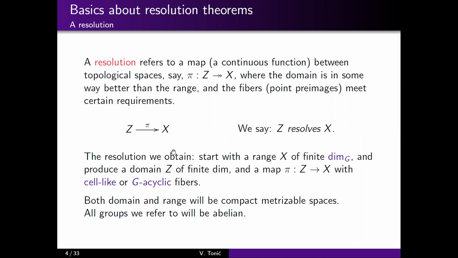You can see a slight change of color in these notions, because those are the notions which I would like to define for you, or at least remind you of the definition. Before then, I need to say that domain and range for us are always compact metrizable spaces. All our spaces are compact metrizable, and our groups are all abelian.